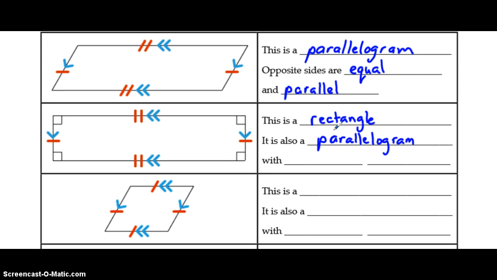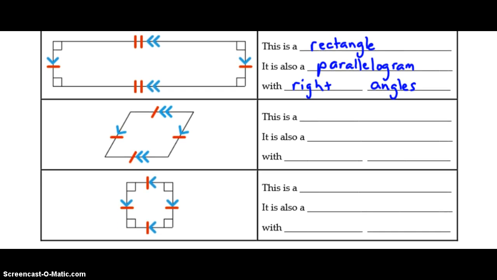But what makes it a rectangle is that it's a parallelogram with right angles, which means right there the angle is 90 degrees. So a rectangle is a type of parallelogram.